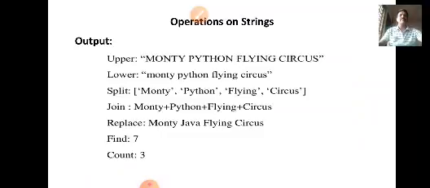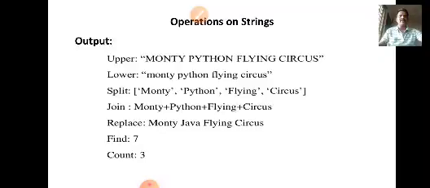Here you observe the output result. In the first case, print upper string, so that output is Monty Python flying circus. It should be printed in uppercase letters. Second one, lower, string.lower text. So all the words in the entered sentence contain capital letters M, P, F, C, but it produces the output result in lowercase characters. Split.